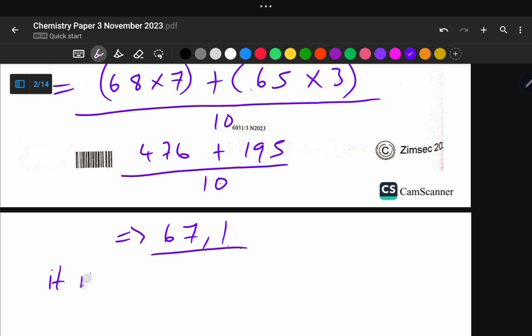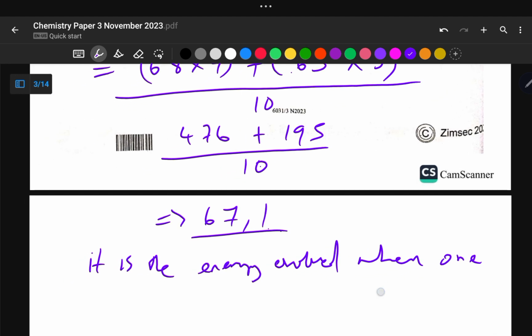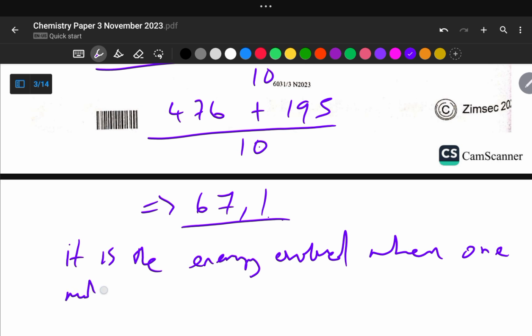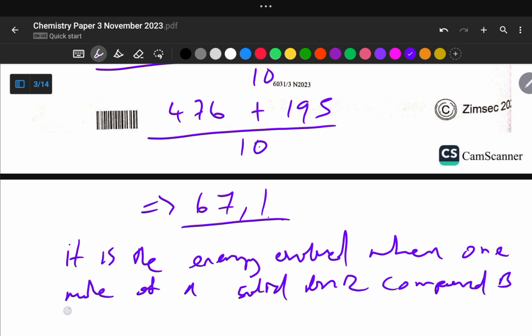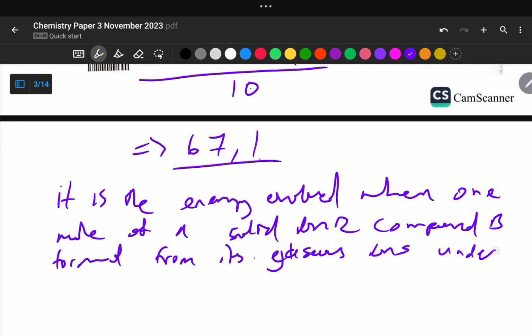So it is the energy evolved when one mole of a solid ionic compound is formed from its gaseous ions and under standard conditions.